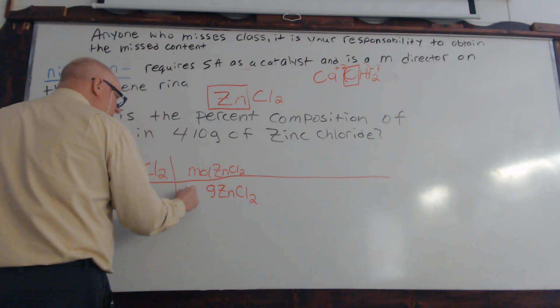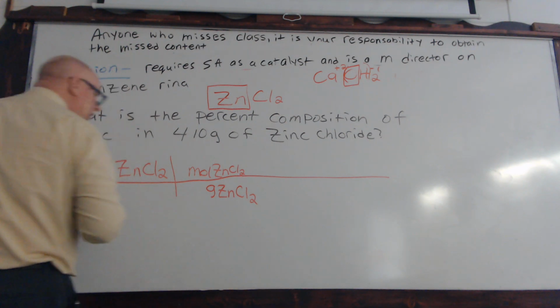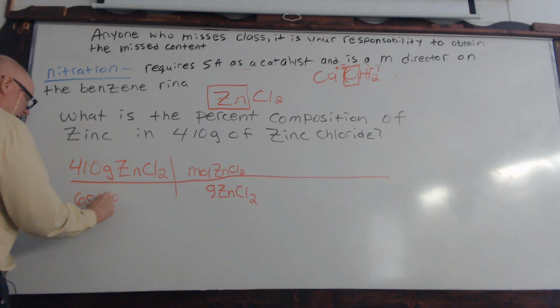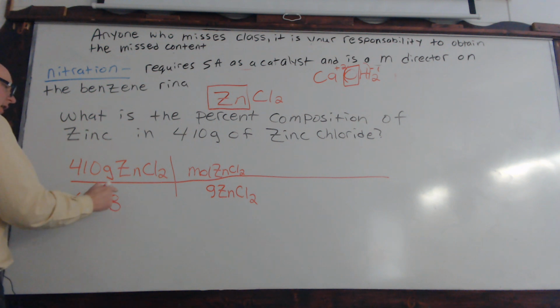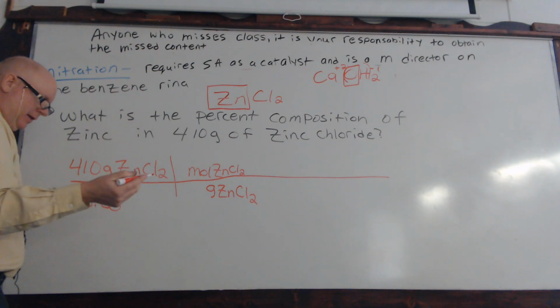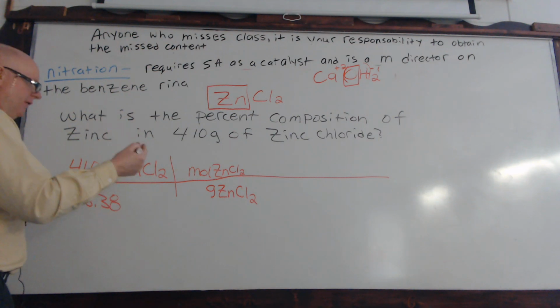So then we have to be able to put a number here. So the atomic mass of zinc is 65.38, okay? And then chlorine is 35.45, right? And then you add that together.